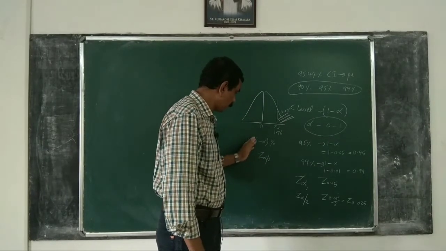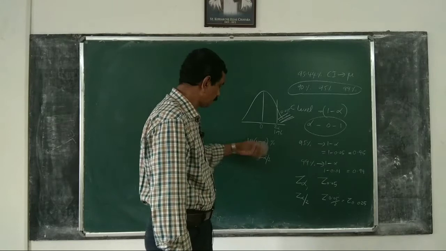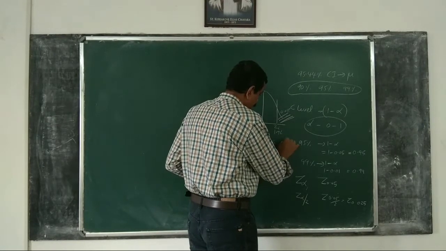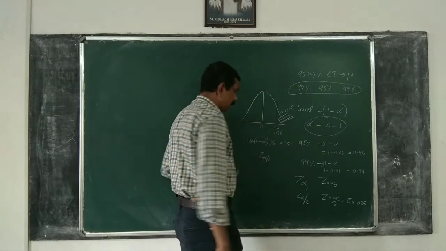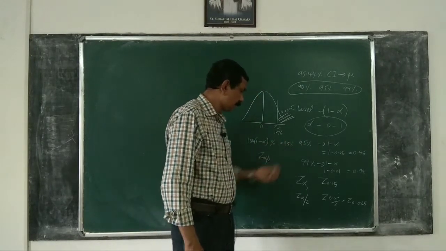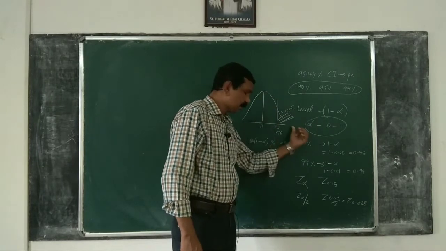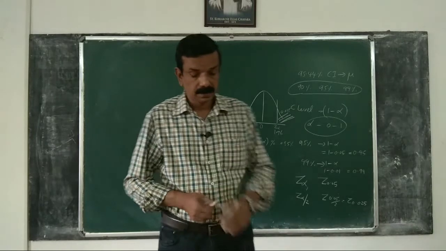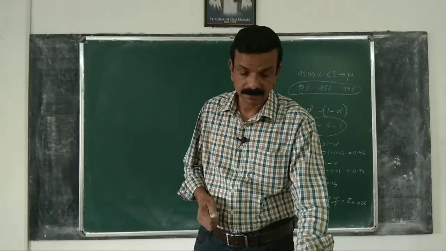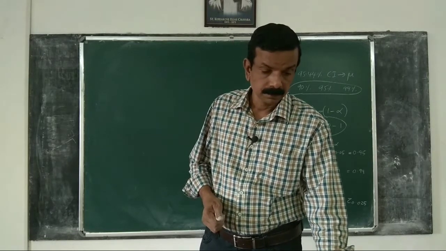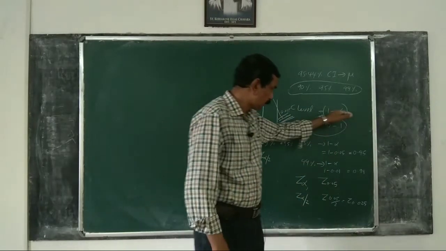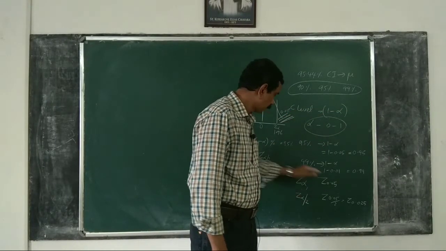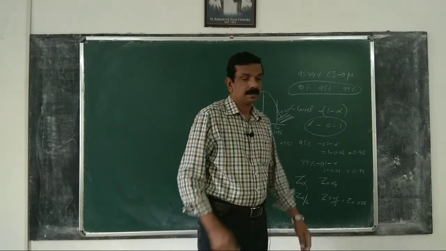In percentage terms, say 95%, 99%, etc. So for example, if alpha is 5%, it is 100 into 1 minus alpha, that is 95%. If alpha is 0.01, 99% of the observations lie to either side of the mean. So given these notations, confidence level denoted as 1 minus alpha, Z alpha, 100 into 1 minus alpha percent.